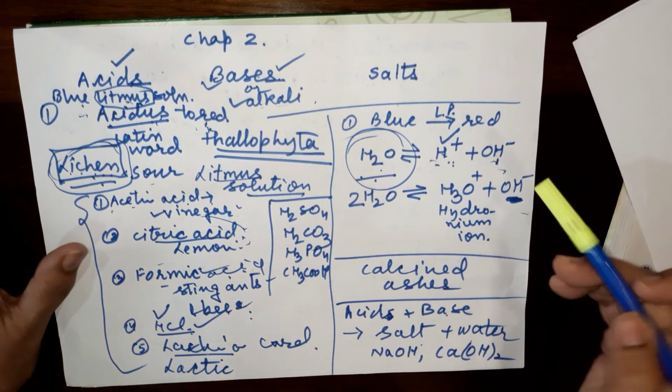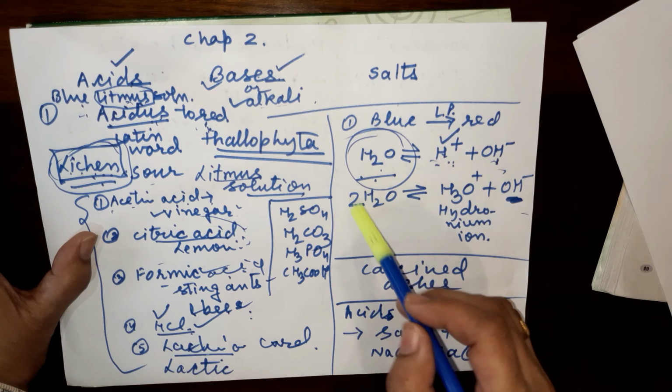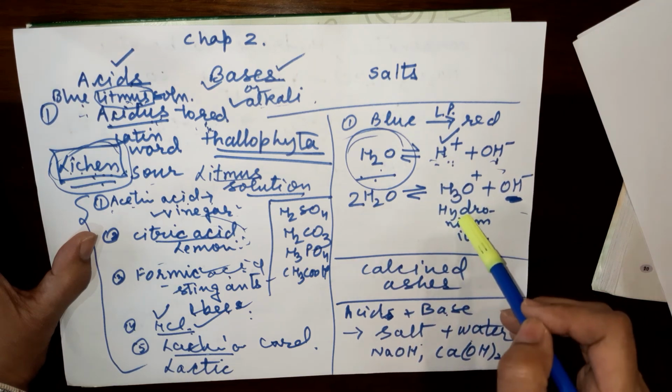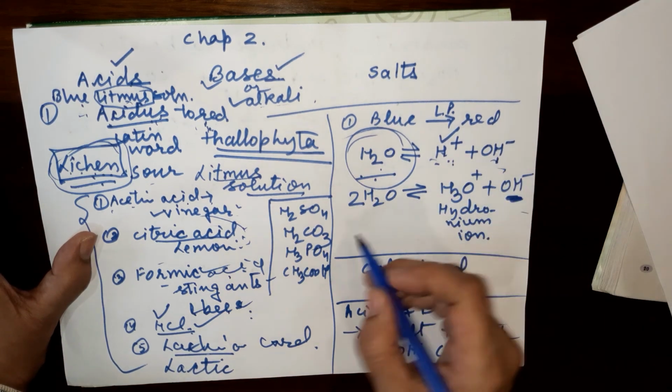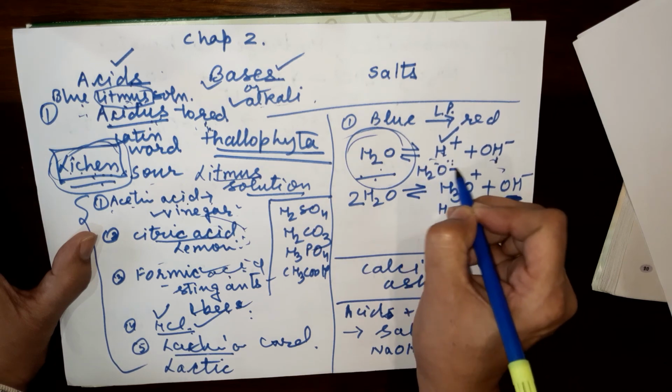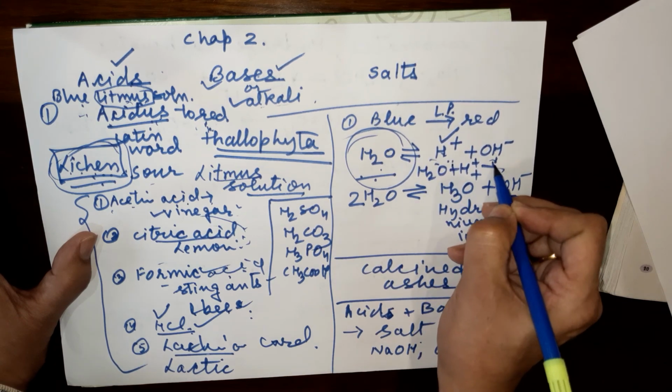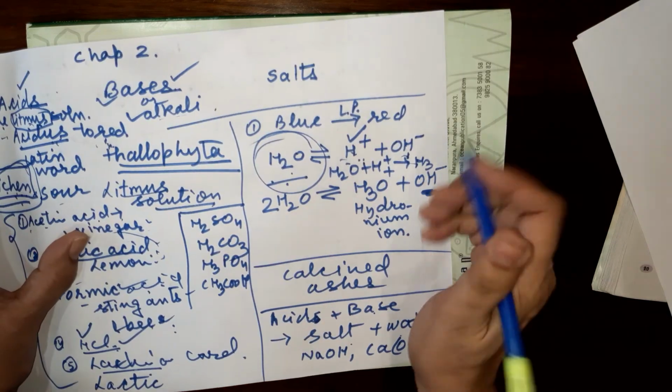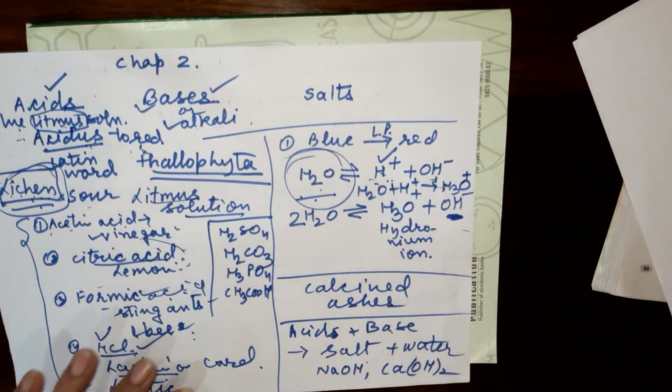Then you should know the properties of acids. Here I have shown you the formation of the hydronium ion: H2O reacts with H+ and forms the hydronium ion.